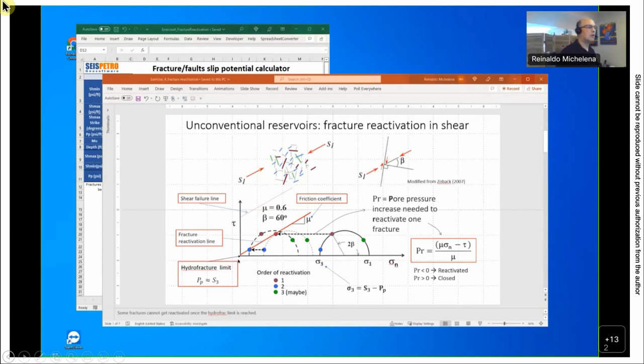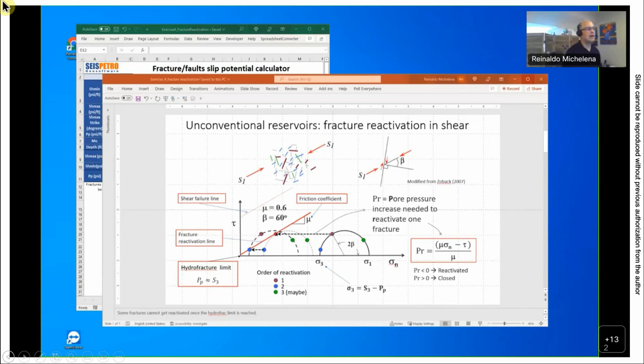So what we're going to be doing with the spreadsheet today is basically analyzing this kind of effect. And in particular, what the spreadsheet does is that it calculates this number, or the distance, or how much pore pressure you need to take any orientation to the friction line.